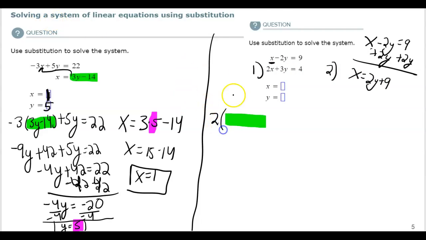So everywhere I see an x, I put that into there.